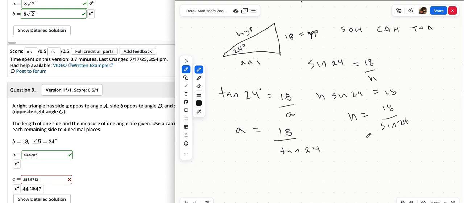Likewise, I could have done cosine. So if I had done cosine of 24, that would equal the adjacent, the thing I don't know, over the answer we got right here, which would have been 44.2547, and multiplied that up and got A that way. And I should be using a lowercase a. So this number and then the 44.2547 times cosine 24, those should come out the same.